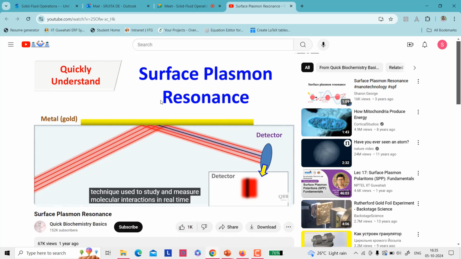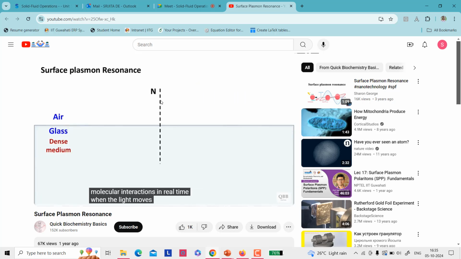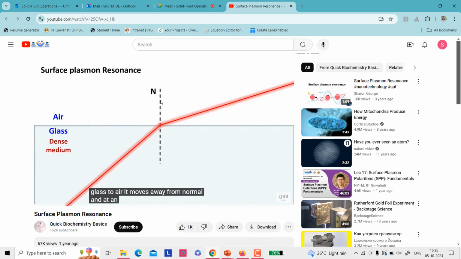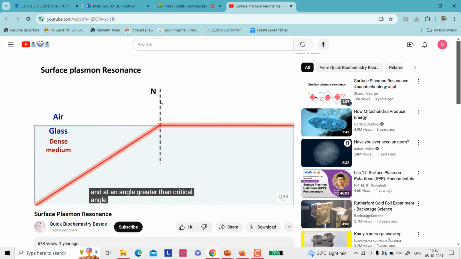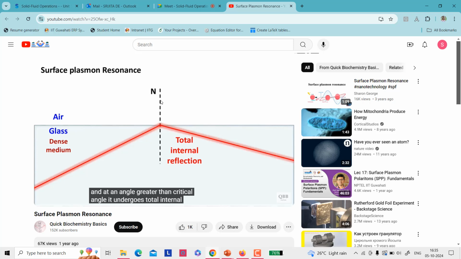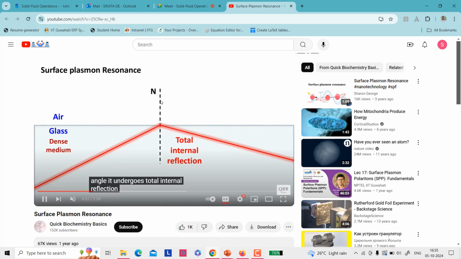Now, for plane polarized light undergoing total internal reflection, if a thin metal is placed on the top, then some of the refracted light is absorbed. As a result of this absorption, a dark zone appears in the refracted light. This absorption of light is carried out by the electrons present in the metal.